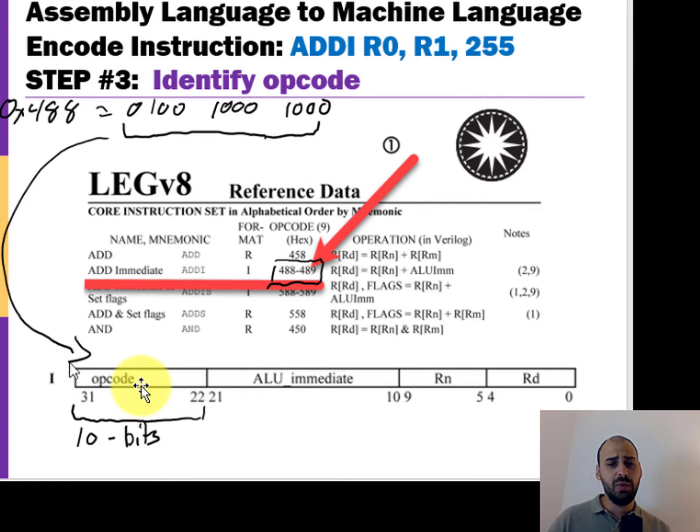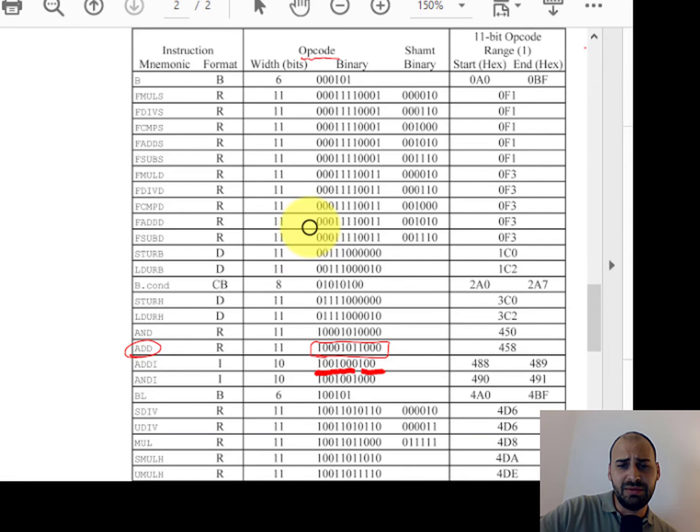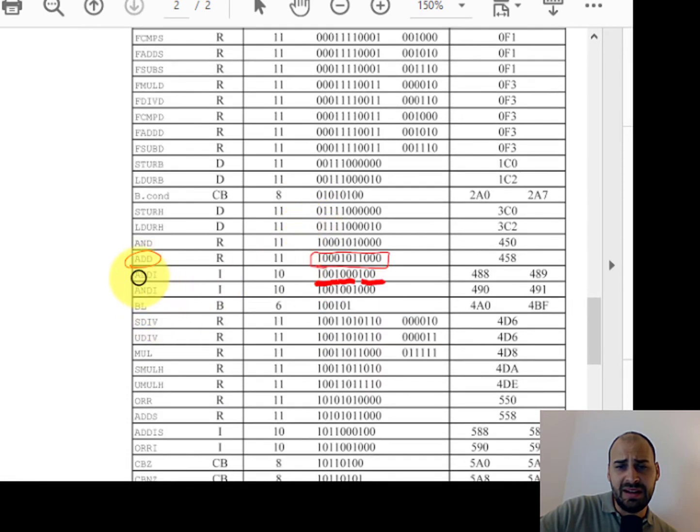One really handy way to make sure you don't make a mistake here is we can look it up right in the back of the sheet. It makes it really, really simple. We look at the add immediate field a little bit here. We can see that 488, 489 stored in terms of 10 bits is going to be 1, 0, 0, 1, 0, 0, 0, 1, 0, 0.